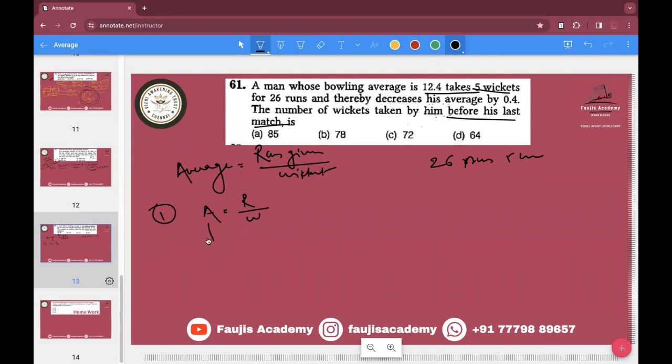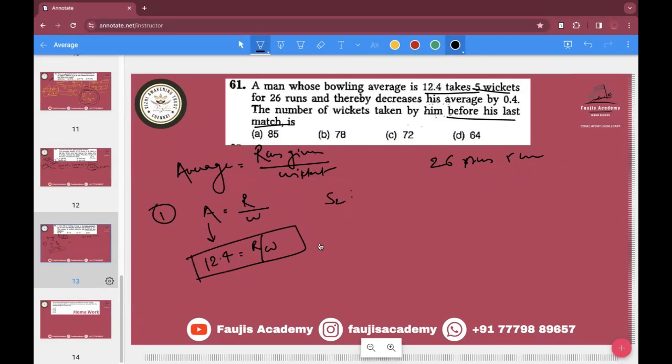Do we know the average before this match? It's 12.4. Is it okay with 12.4? Any doubt? Now scenario 2.